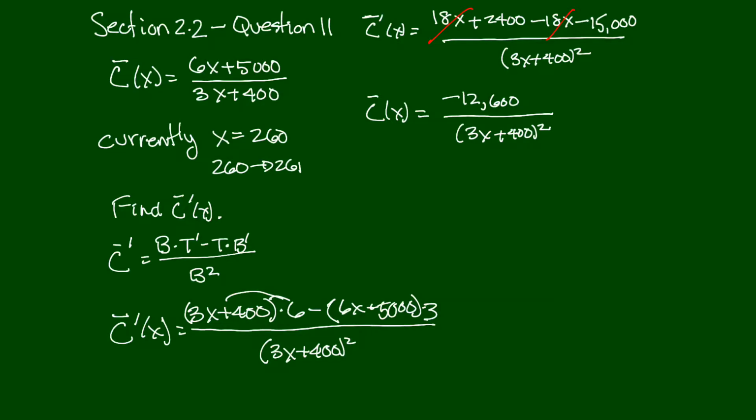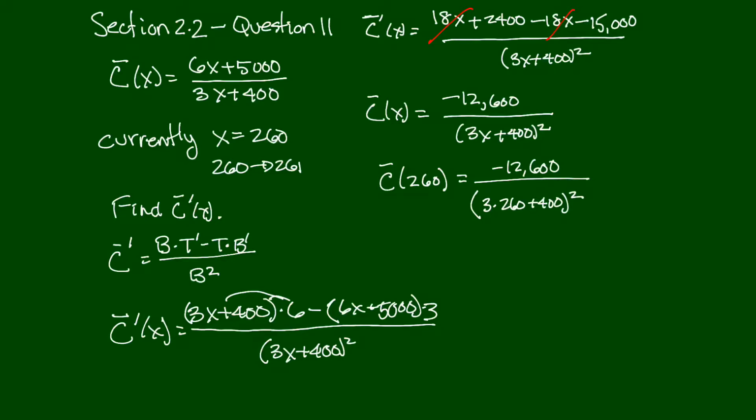And we want to evaluate this at 260. So what we're going to do is get here negative 12,600 over 3 times 260 plus 400 squared.